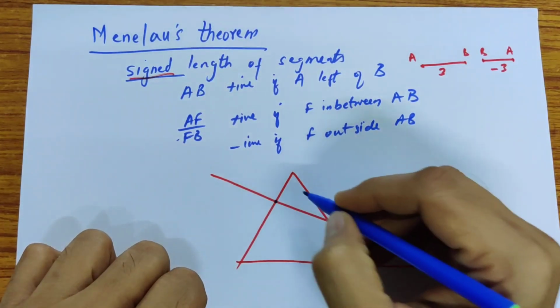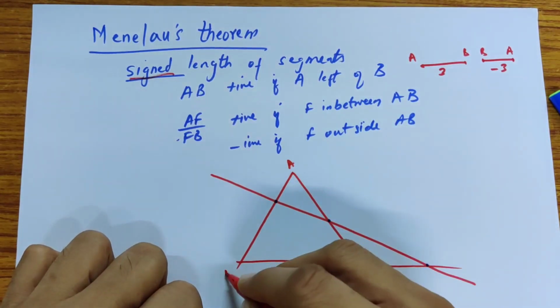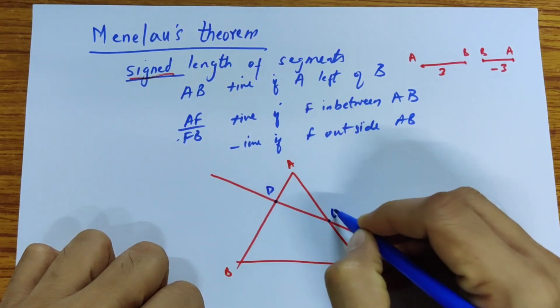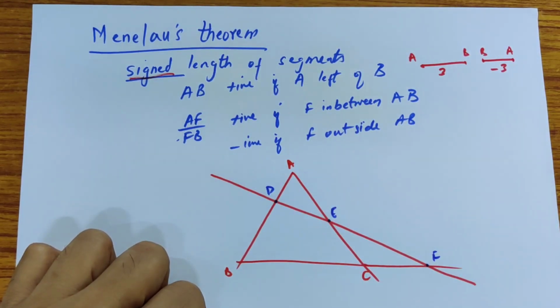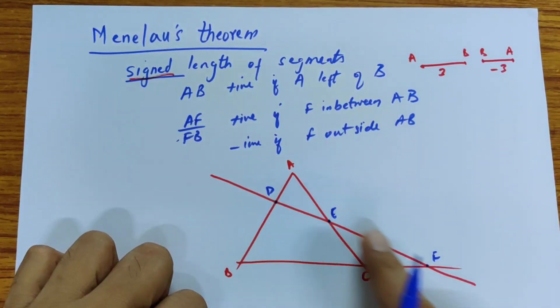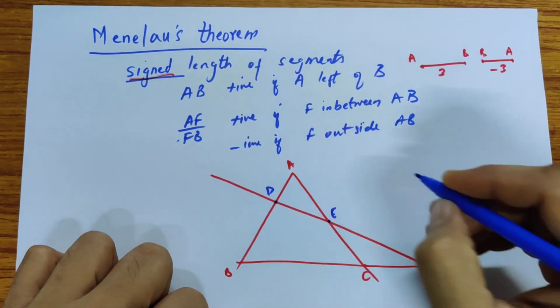So let's say the original triangle was A, B, C, and this is D, E, F. Then it is telling you a rule about how to work with this triangle: if these 3 points are in a straight line, then you will have a certain ratio.